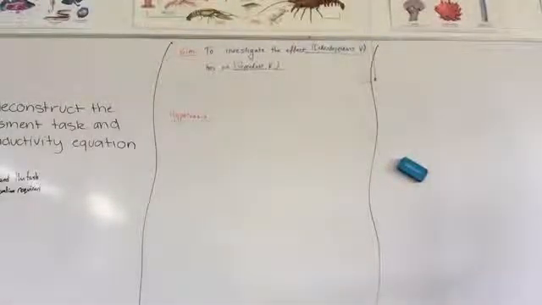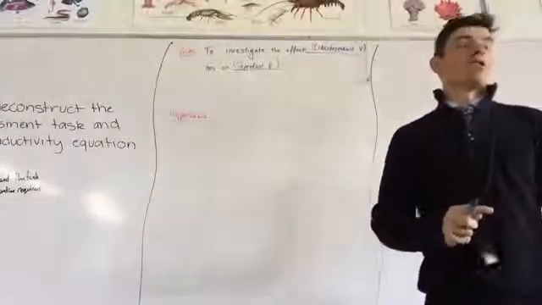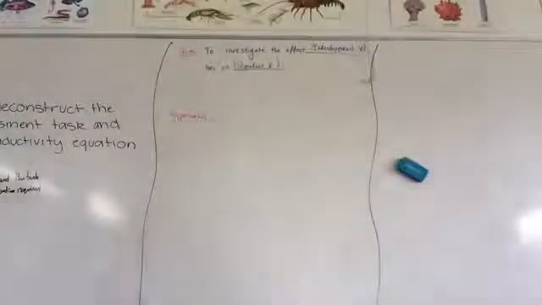V means variable. Okay, so as a general rule, when we're writing aims, the aim of every experiment is to see the impact that the independent variable has on the dependent variable. Happy with that?